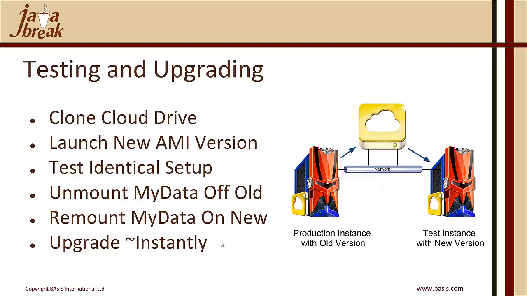And once you are happy with that test, how much easier could it be than to unmount a drive on the production version and mount it onto the test instance, and you're back into production.